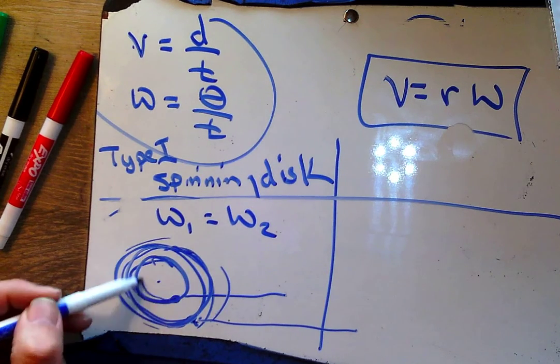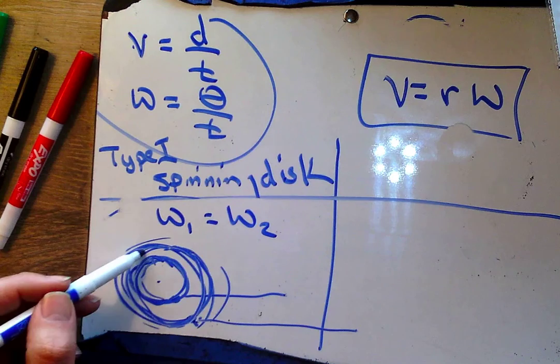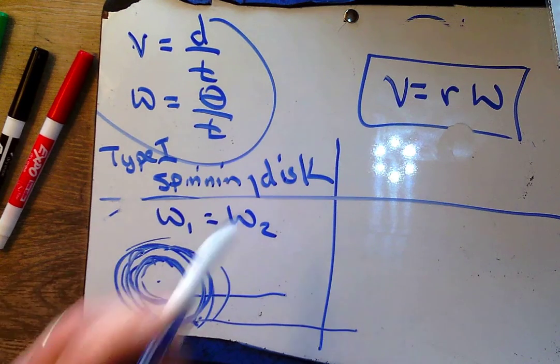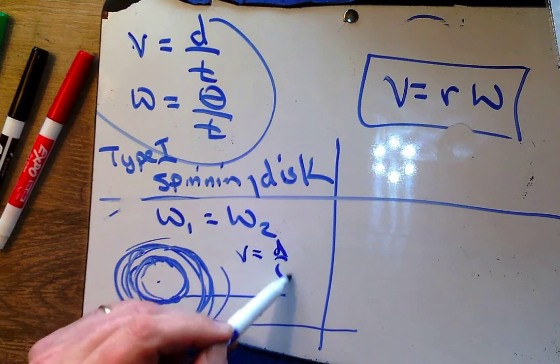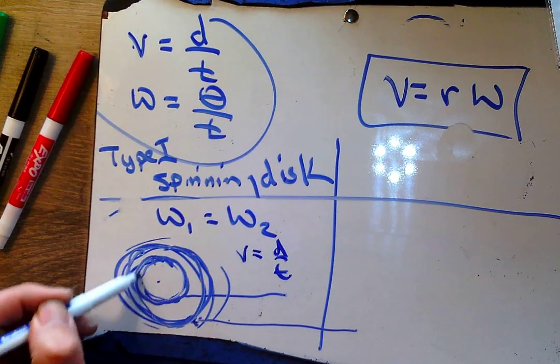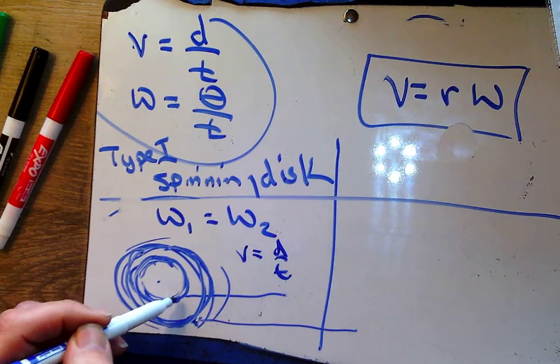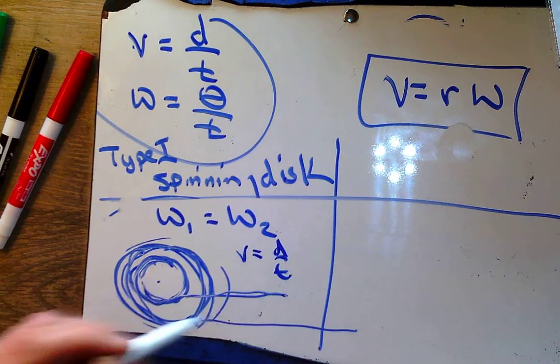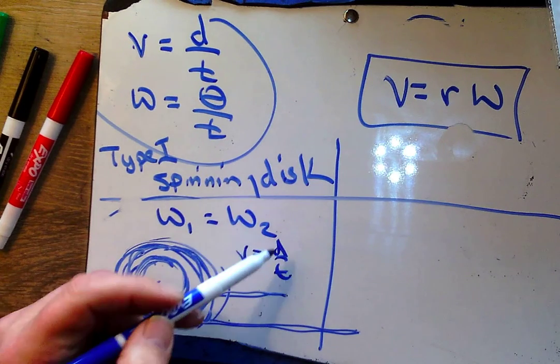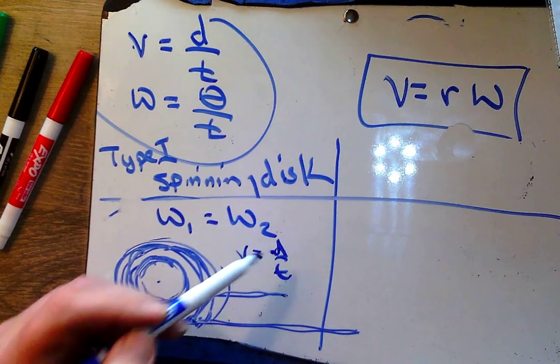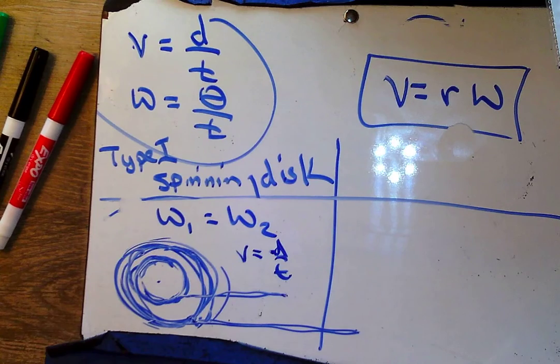No, I can see that the circumference here is much smaller than the circumference here. And since linear velocity is your distance divided by time, this amount of distance, if we unroll it, is shorter than this amount of distance if we unroll it. So we're traveling through two different distances, but in the same amount of time.